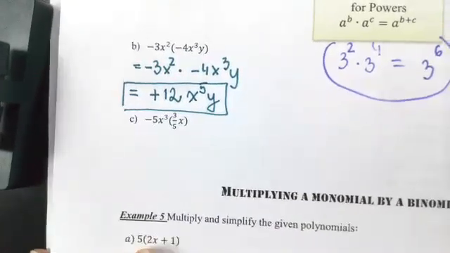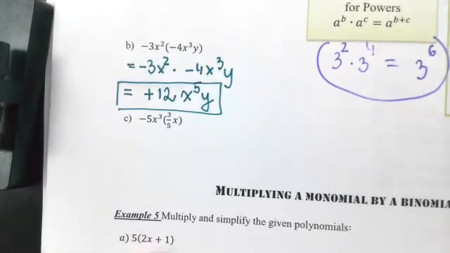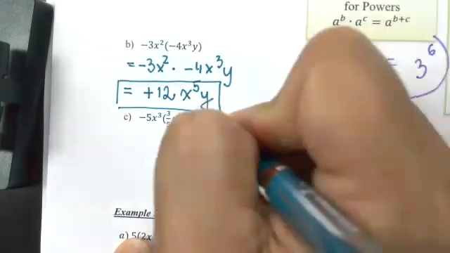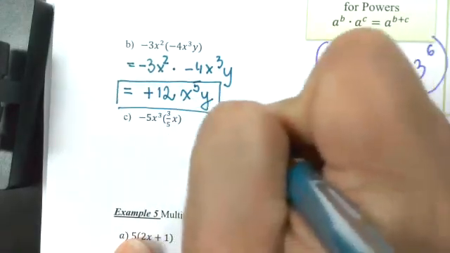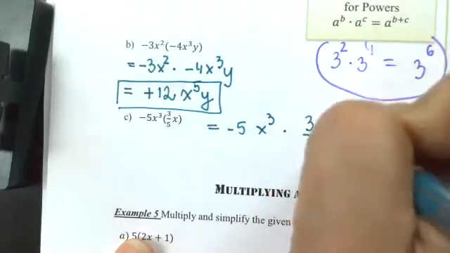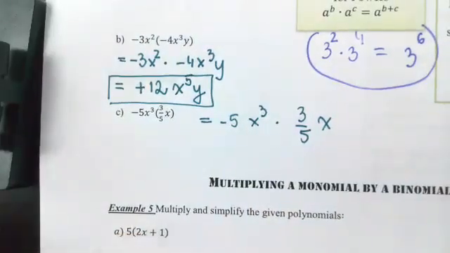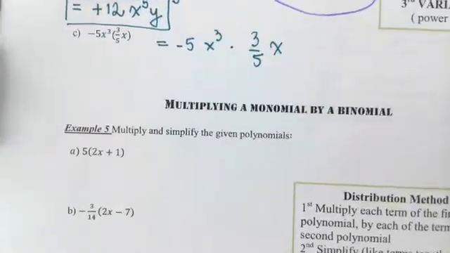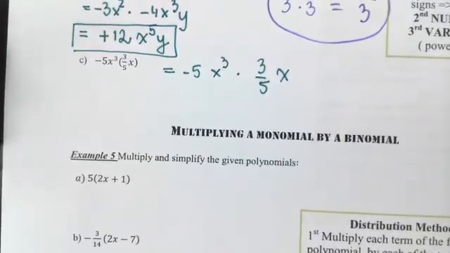And the last one, some fractions. Negative 5x cubed times 3 over 5. So I got rid of the bracket again to show you that it's not really necessary to have the bracket there.